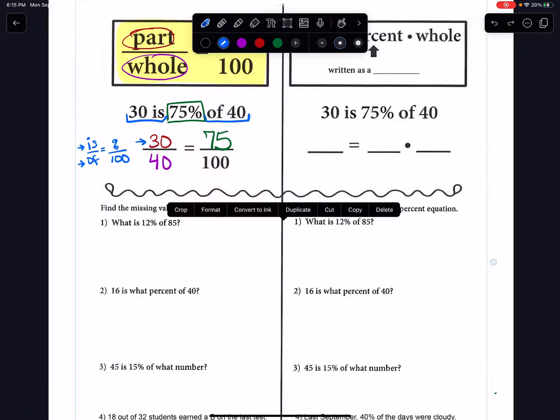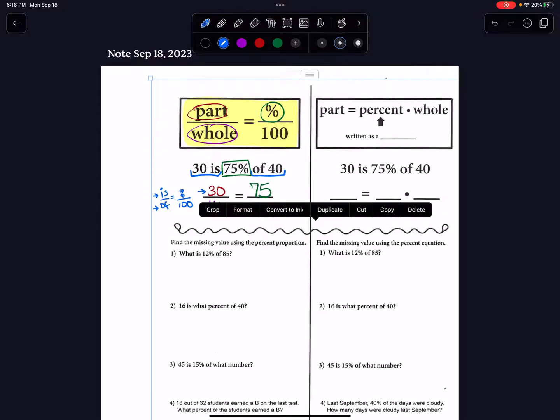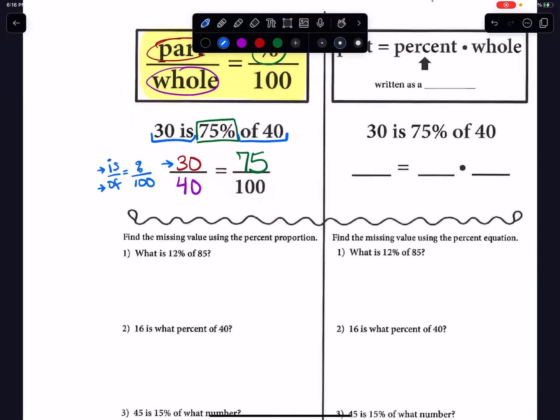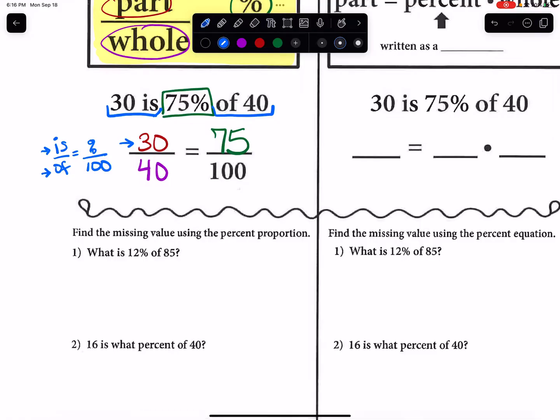It says, what is 12, oh, whoops, sometimes it does that, and I don't know why. Okay, what is 12% of 85? So remember, let's set it up like this, is over of equals the percent over 100. So for all of these problems, you're going to start by putting down an empty proportion. This is always, always, always 100.